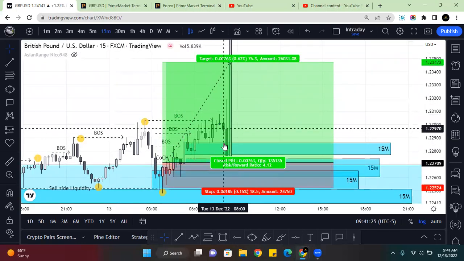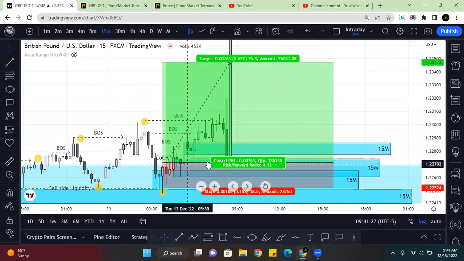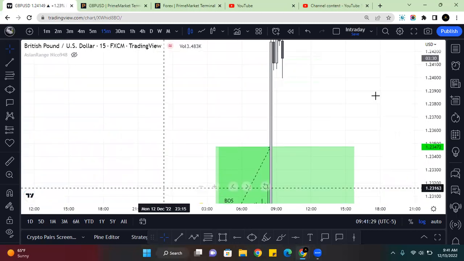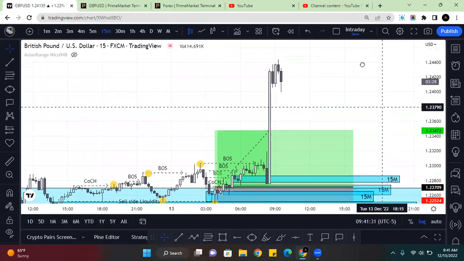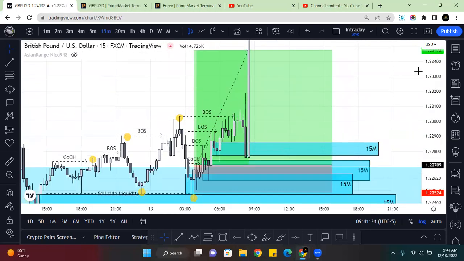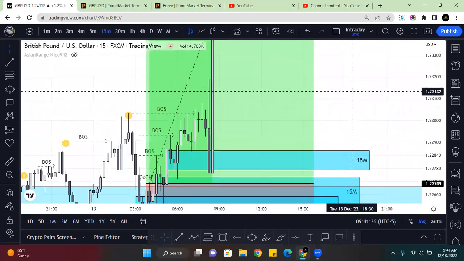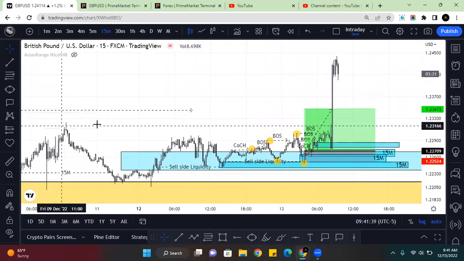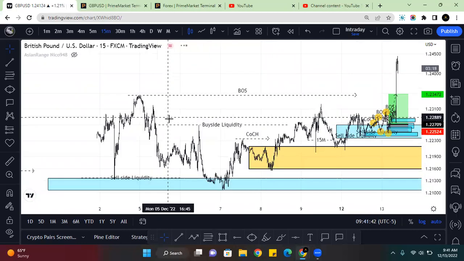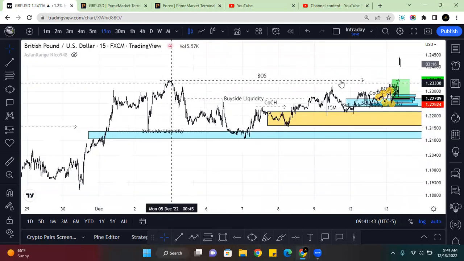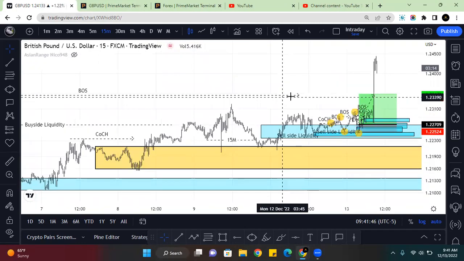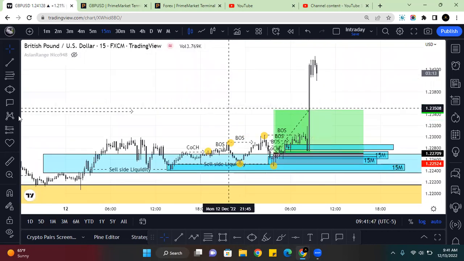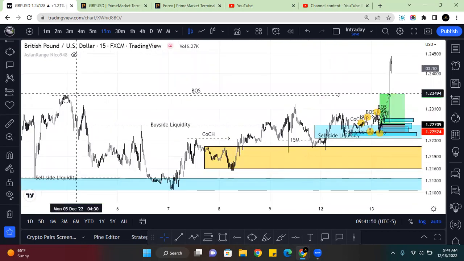It did end up coming in, tapping that pretty nicely, and then it shot up from there very massively, right? So now that caused, once again, another break of structure. Zooming out, that caused the bigger picture break of structure. If I were to zoom out all the way, this was a really big picture break of structure right here that, zooming in, you wouldn't have noticed, but a big area where buy side liquidity was lying.